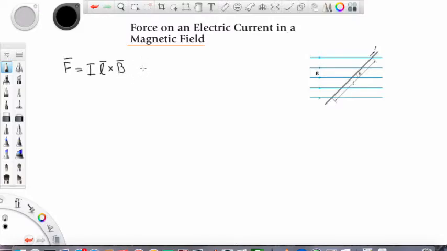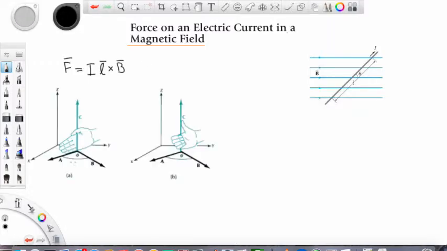If you're a little rusty with your vector algebra and cross products, then here's how you do it. In this comic here, we would like to evaluate the cross product C, which is the cross product of A and B. So you take your right hand and point your fingers along the first vector, in this case A, and then you curl your fingers towards the second vector B, so curling in this direction.